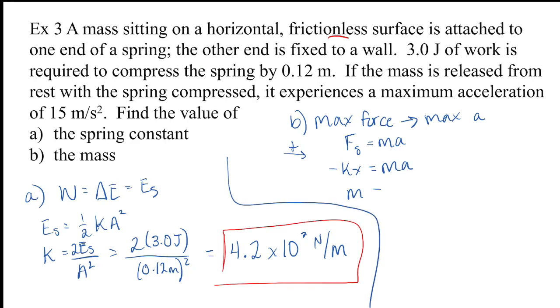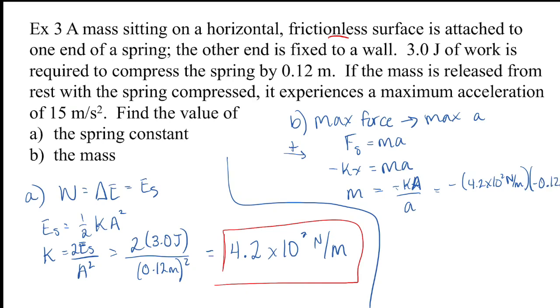Okay, so if I'm looking for mass here, then really that's just going to be negative kx divided by acceleration, where of course we have an amplitude for x, so you can use x, you can use A, they're the same thing here. Okay, so again we found that k, which was 4.2 times 10 to the 2 newtons per meter, times my amplitude.